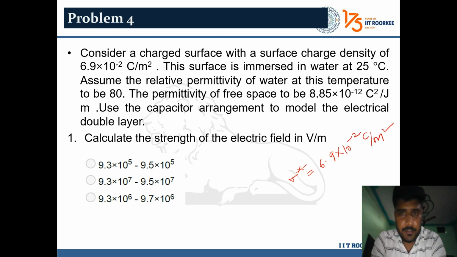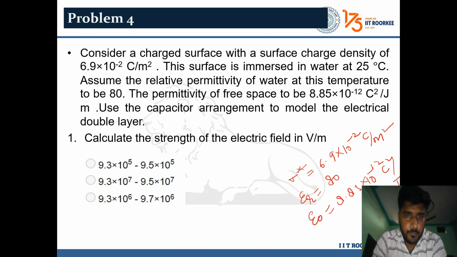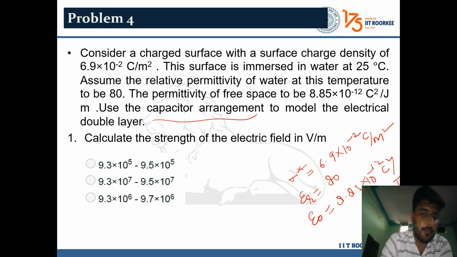The surface is immersed in water at 25 degrees. Assume the relative permittivity of water, epsilon R, is equal to 80, and the permittivity of free space is given here, 8.85 10 to the minus 12 coulomb square per joule. You have to use the capacitor arrangement to model the electron. Basically, this is the Helmholtz model.